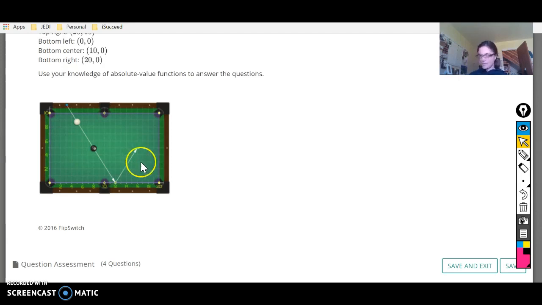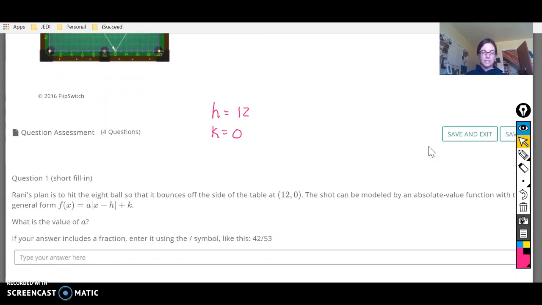So I can identify my h value as 12 and my k value as 0 because I'm not going up at all. Remember, our h value is our horizontal translation and our k value is our vertical translation. So vertically, I haven't moved up or down at all, but horizontally, I've moved to the right 12 units. So let's see how that applies to this particular problem.